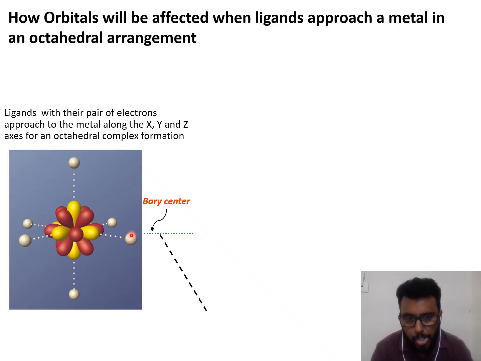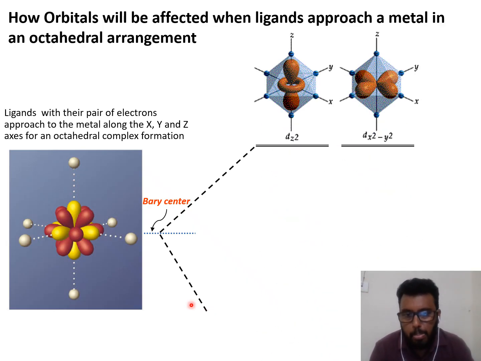Due to this repulsion, the energy of the metal ion orbital will be pushed down or up. These are the two possibilities. When they are pushed up, the dz square and dx square minus y square orbitals, whose lobes lie along the axes, are pushed up. So these two orbital energies are pushed up.